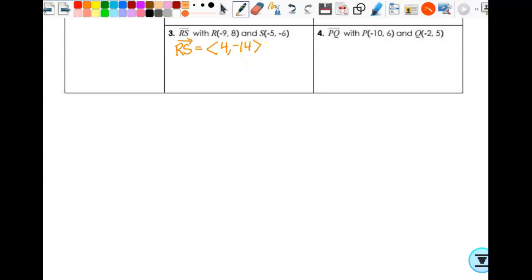Everybody okay with that? So that's my component form, and this is my linear combination form, 4 times i hat minus 14 j hat. I kind of like the little hats better than the arrows. Questions? And you do number 4.